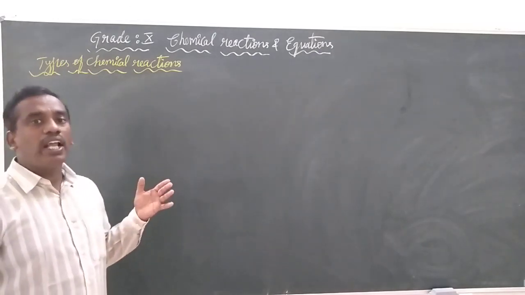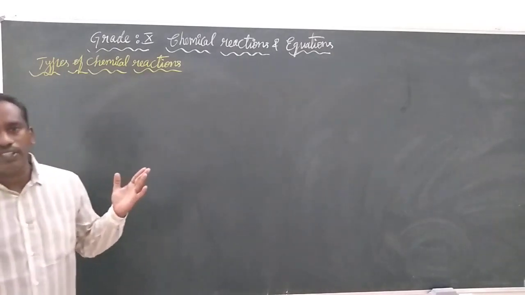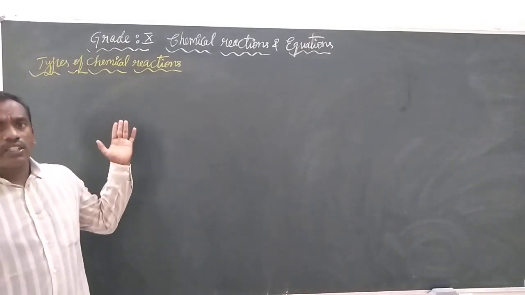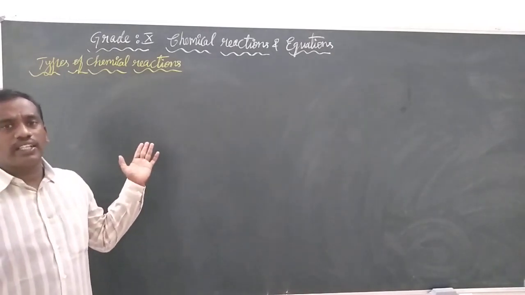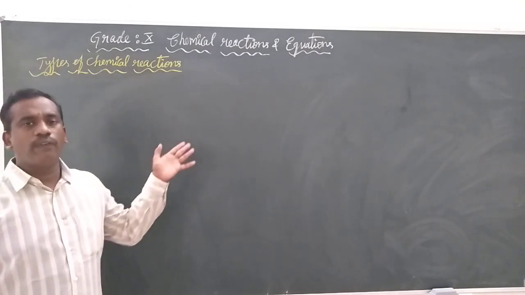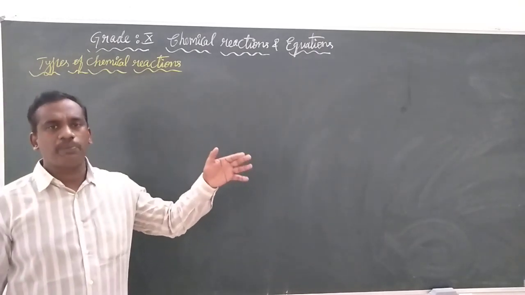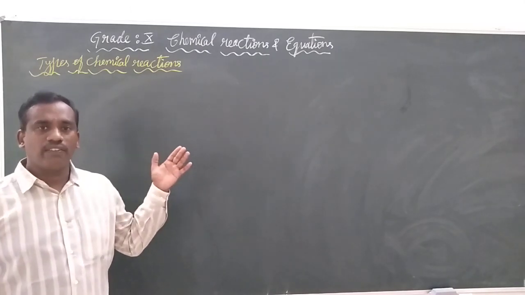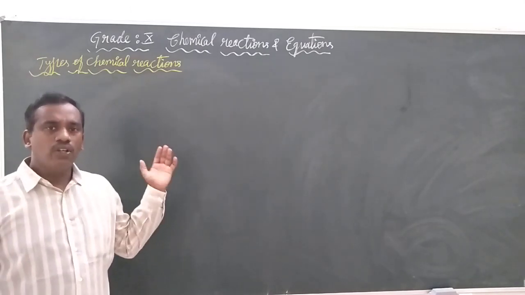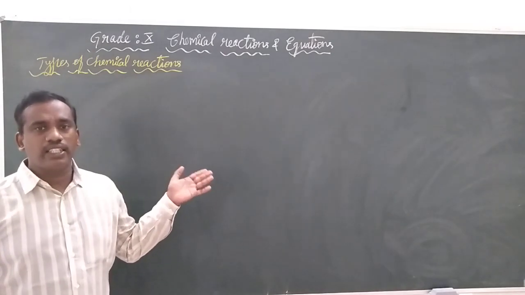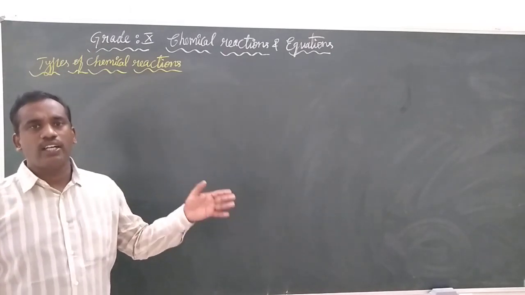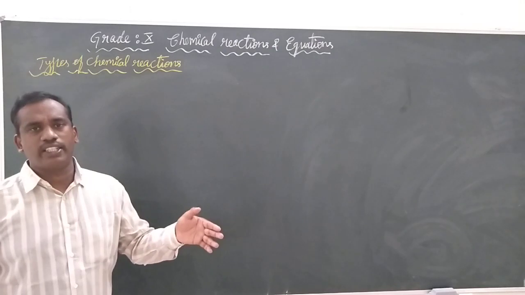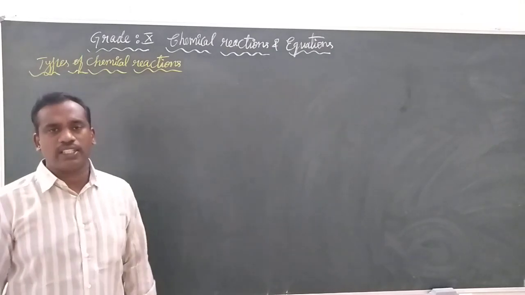And a chemical reaction is the one in which some substances react with one another to form new, different substances. That is, reactants react chemically with each other to form the products, which are new substances.